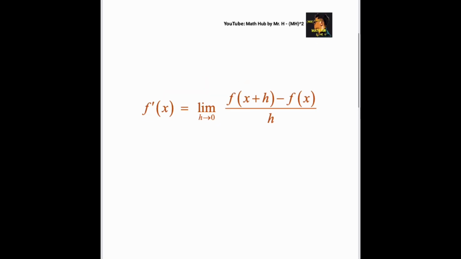So to find the derivative using the first principle, we're going to be applying this. All right, so the first derivative is equal to the limit of f of x plus h minus f of x divided by h as h approaches 0. All right, so to further understand this, let's take a look at the example.